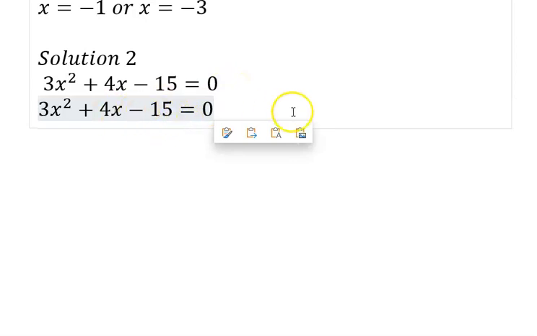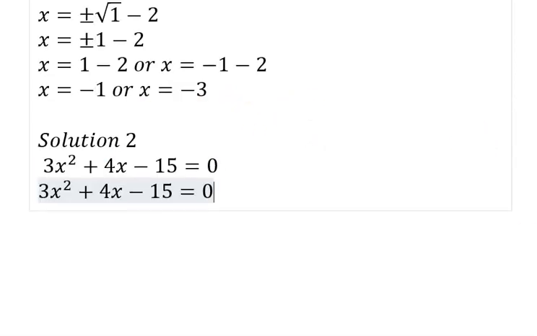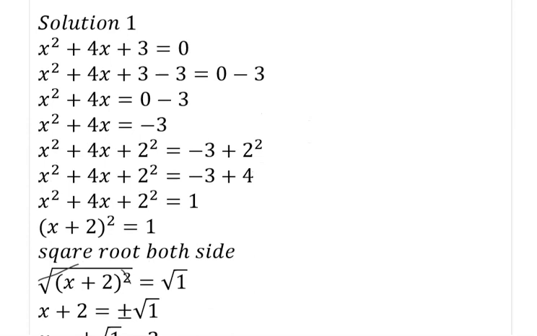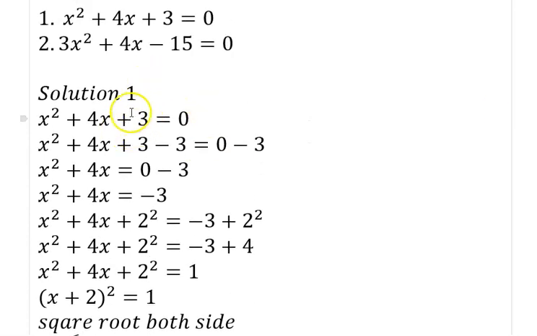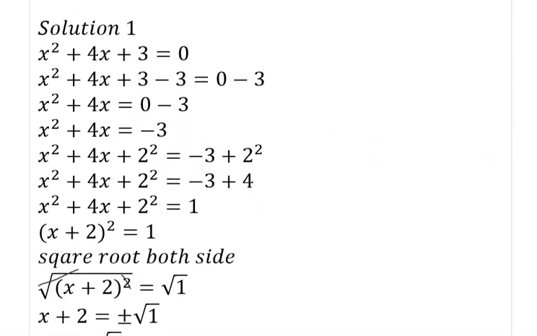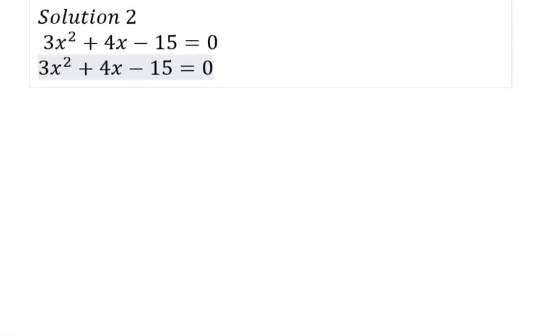Remember we say now, unlike what we have here, this one is plus 3. So eliminating it, we put minus 3. For this, we have minus 15. If you actually want to eliminate it, what are we going to do? We just put plus 15.